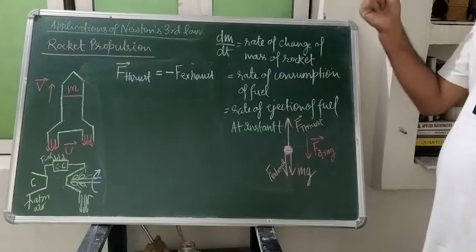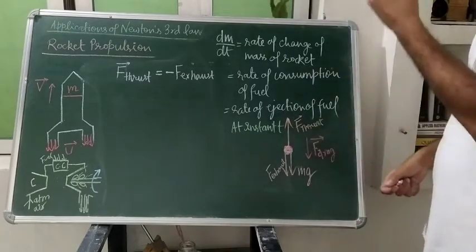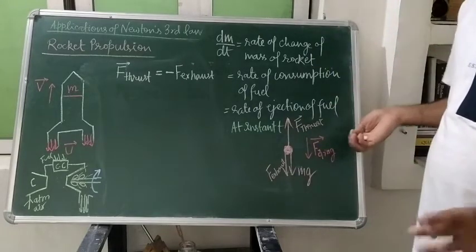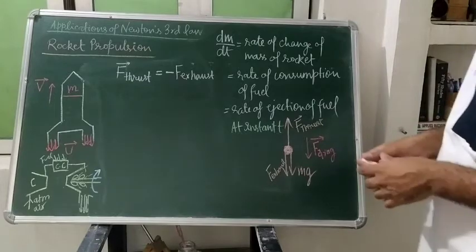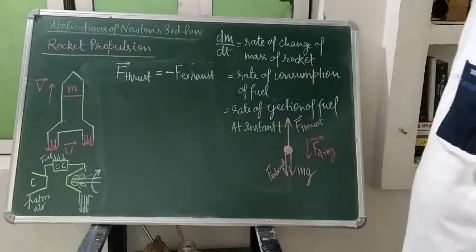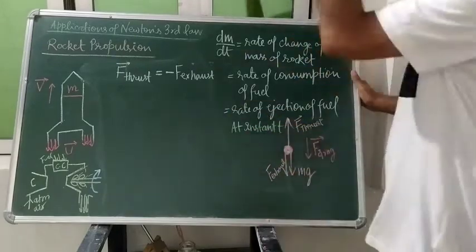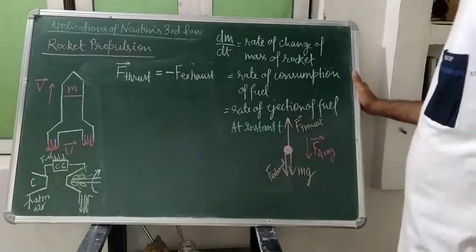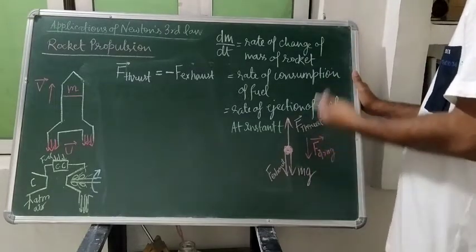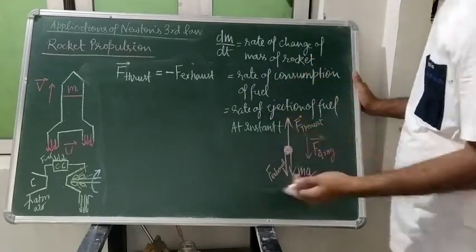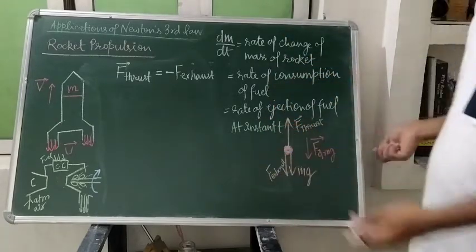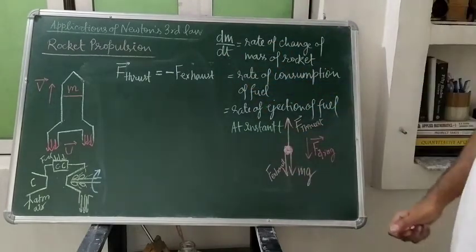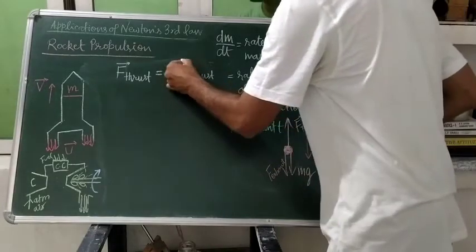But it will accelerate with some acceleration, and F thrust will be more, then only it will move up. Otherwise it is not a rocket, because if it is not escaping the earth, then whether it is a rocket, I don't think so. F thrust will be more, but for a particular instant of time t we will say that this is the situation, and F thrust should be equal to F exhaust with a negative sign, from Newton's third law.